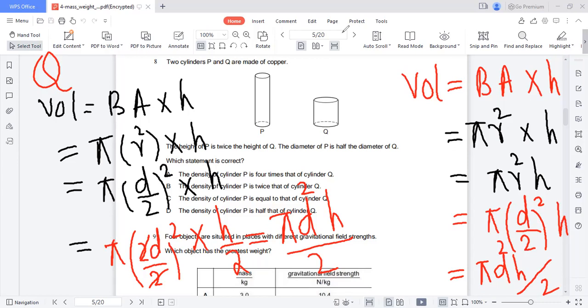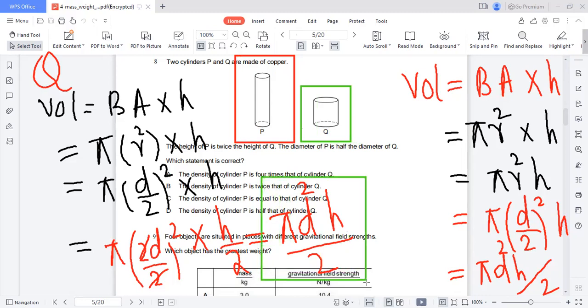Now if you just compare them, by increasing the height and decreasing the diameter, in this problem he just increased the height of the cylinder and decreased its diameter, and in case of Q the diameter is increased and height is decreased, and originally its volume is same.